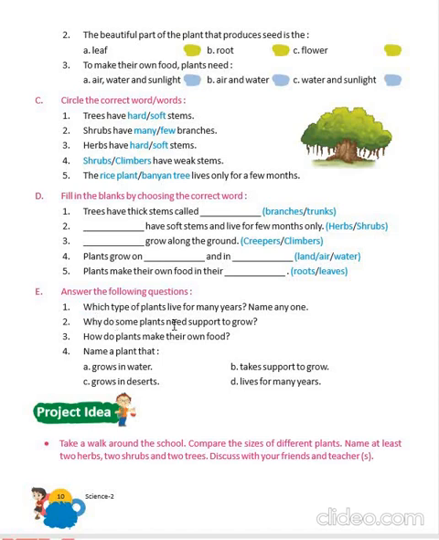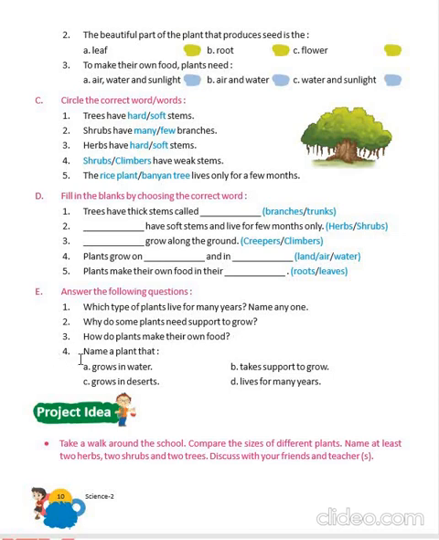Why do some plants need support to grow? Some plants need support to grow because they have weak stems. How do plants make their own food? Plants make their own food with the help of sunlight, air and water.